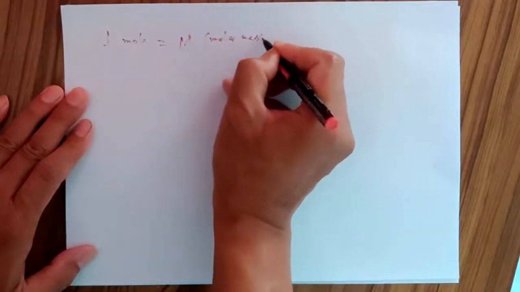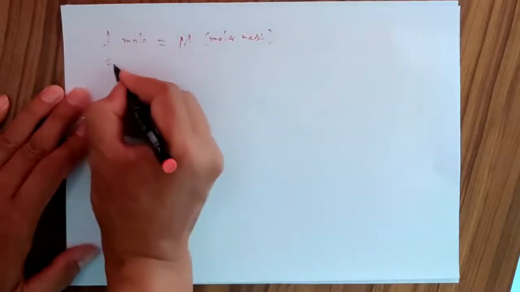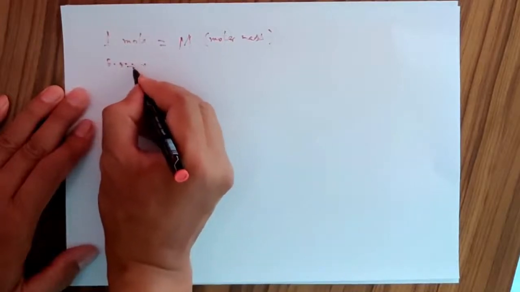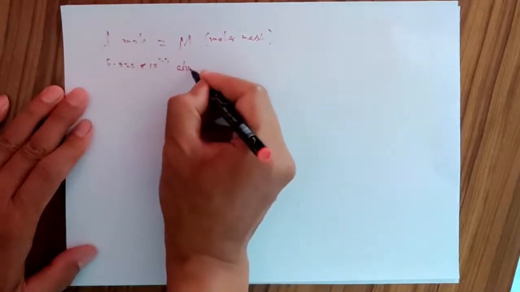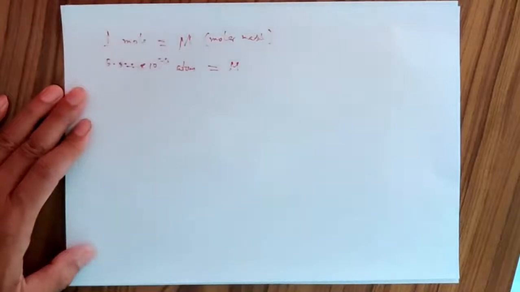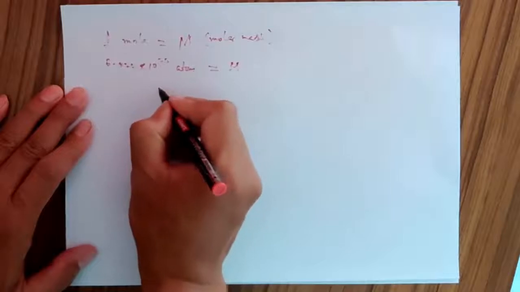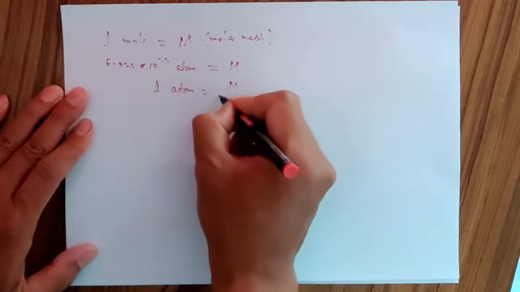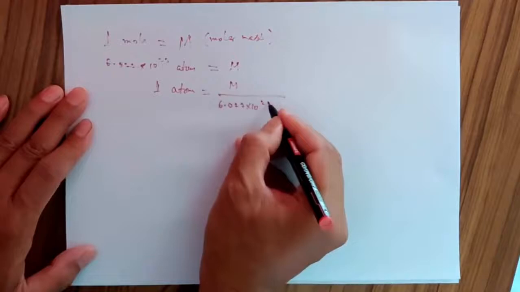Molar mass is the molecular mass expressed in grams for 1 mole. 1 mole consists of Avogadro's number of atoms, 6.022 into 10 to the power 23 atoms, and its mass is equal to M. By the unitary method, for one atom it is M divided by Avogadro's number, 6.022 into 10 to the power 23.